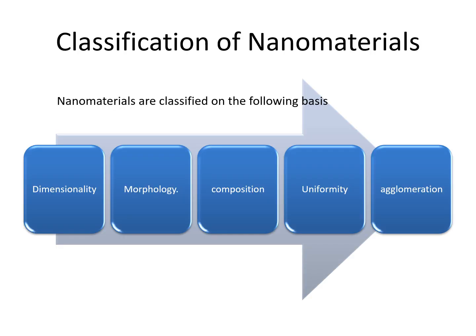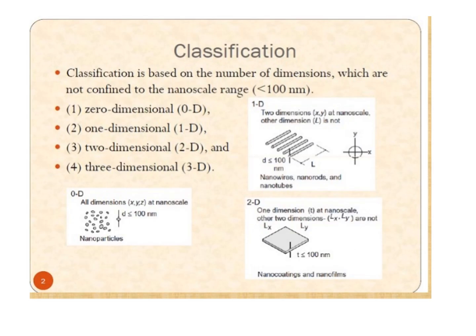So, classification of nanomaterials. Nanomaterials can be classified on the basis of dimensionality, morphology, composition, uniformity, and agglomeration, that is, how they are going to agglomerate. Out of these, we will see the classification of nanomaterials on the basis of dimensionality.